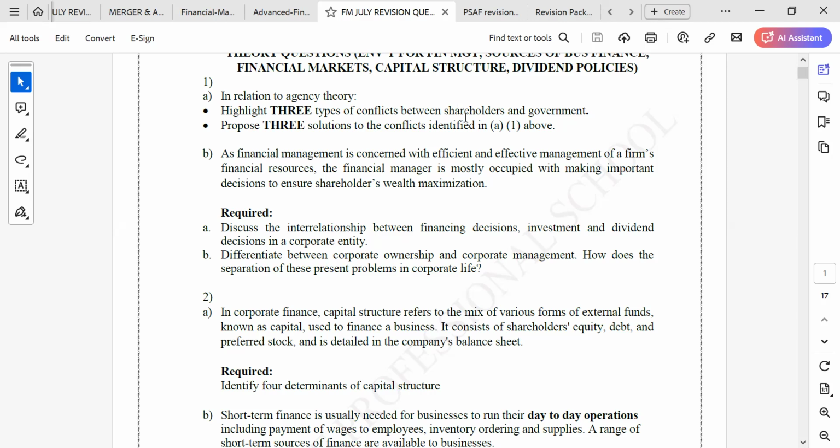So the separation of corporate ownership and corporate management presents problems in various ways, and it can clearly be defined by the agency theory, where one party over here, known as the management, acts on behalf of the shareholders, which is the owners of the company.